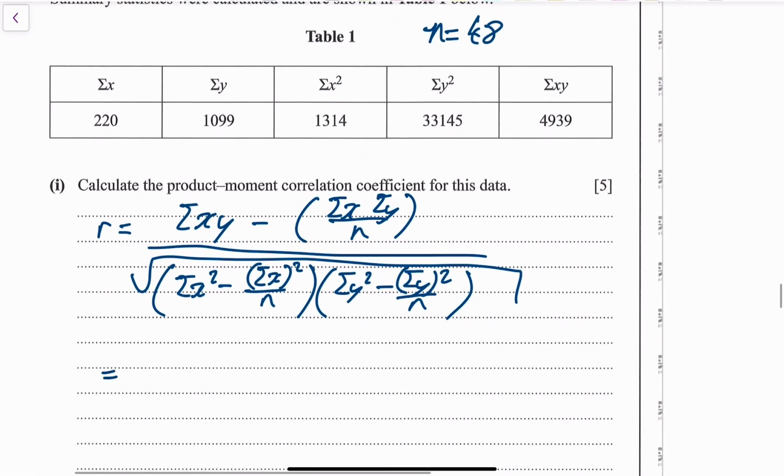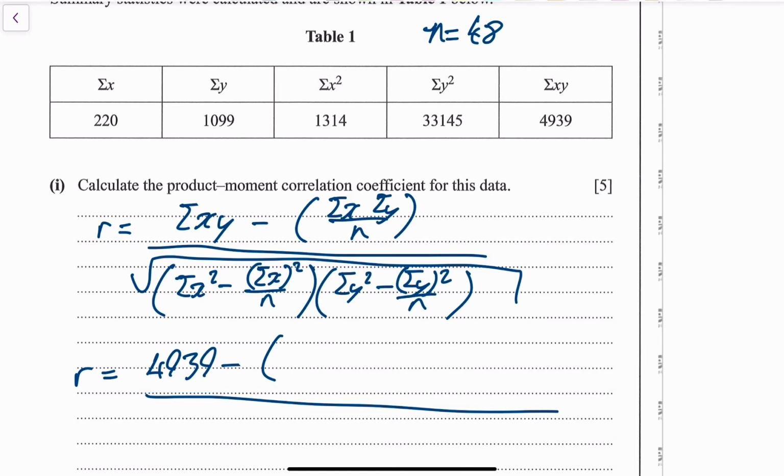You can put this in, and as I say, this is not easy, but your sigma xy is 4939 minus, and then bracket, so this is our top line of our fraction, sigma x, apologies, is 220 times sigma y, 1099, and that's all over 48.